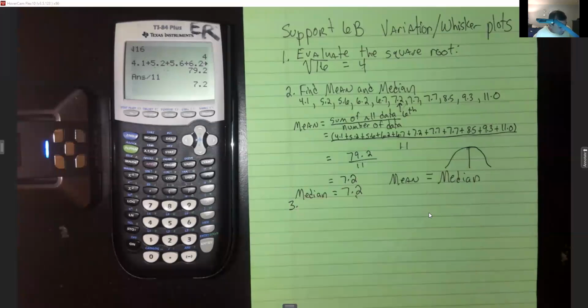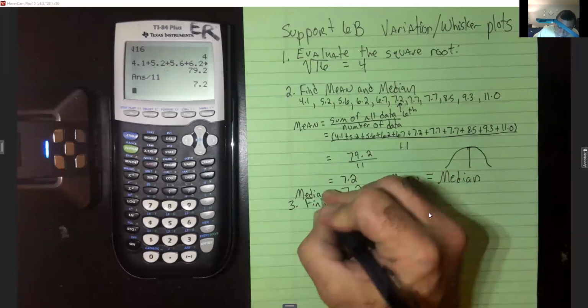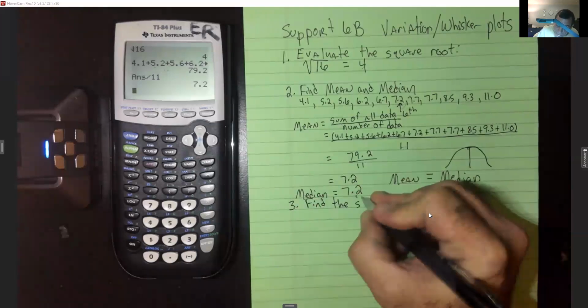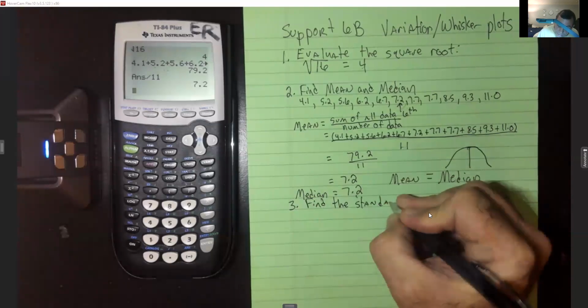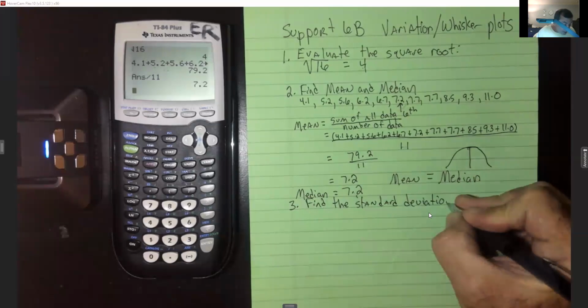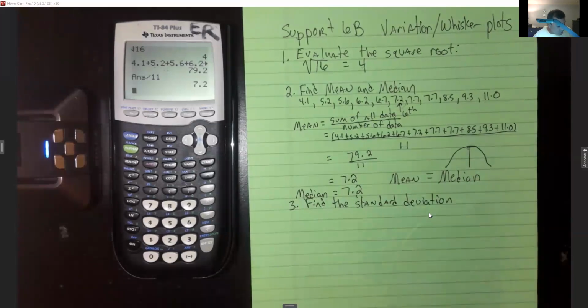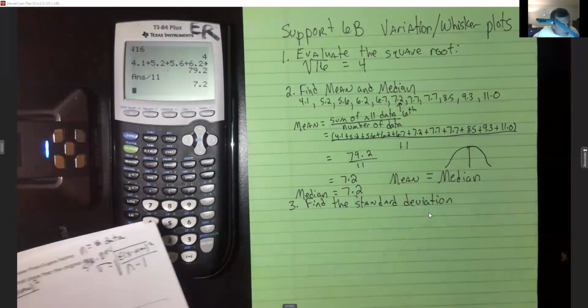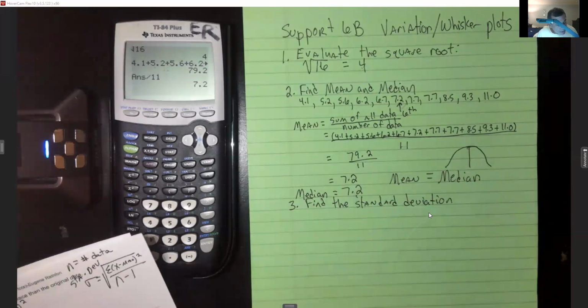All right, for number 3, they want me to find the standard deviation. So this is a little trickier, and I'm going to round it one more decimal place than the data. So my data looks like it's going to be rounded as integers.